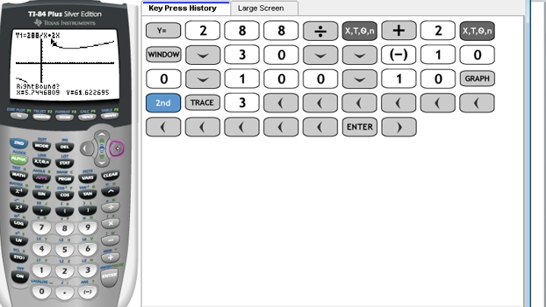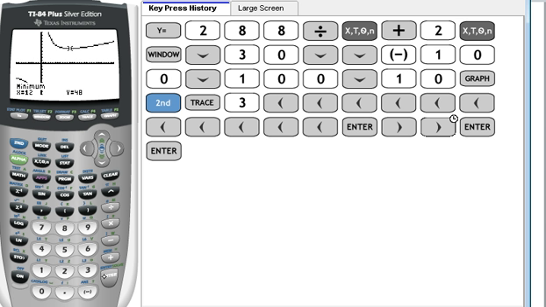I'm going to move to the right of that space that visually occurs to have the minimum. Press enter again. That establishes our two boundary positions. And now I'm going to press enter to let the calculator compute the minimum.